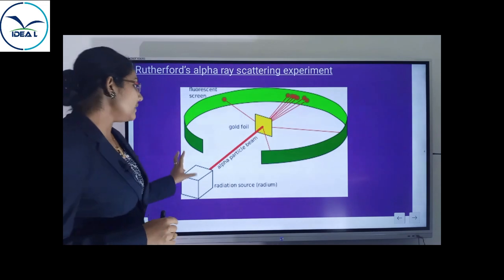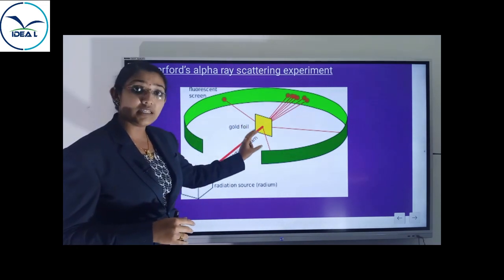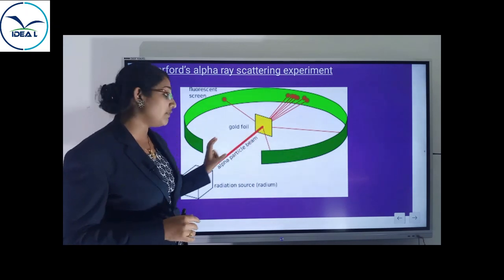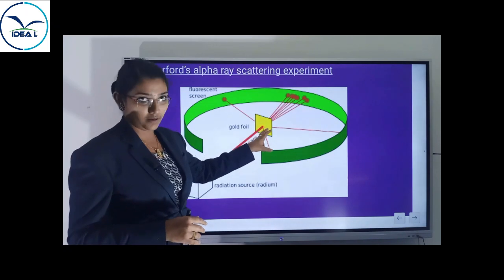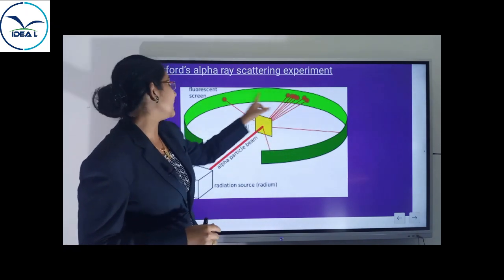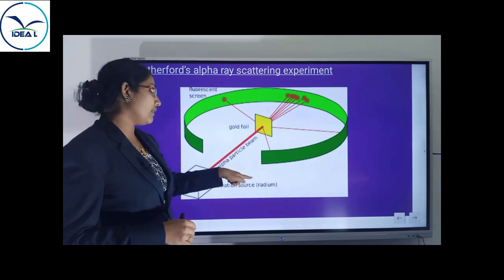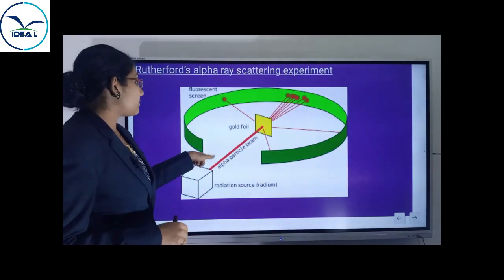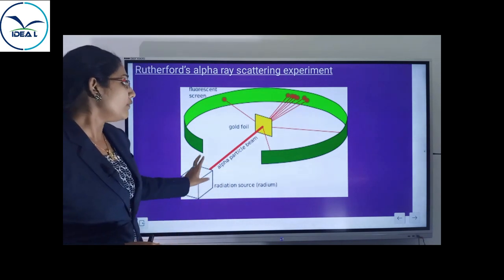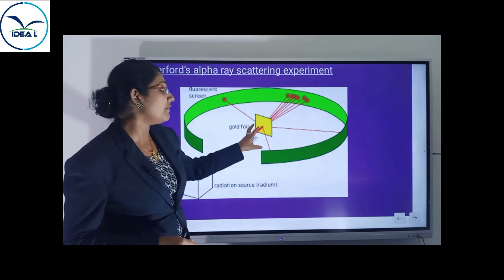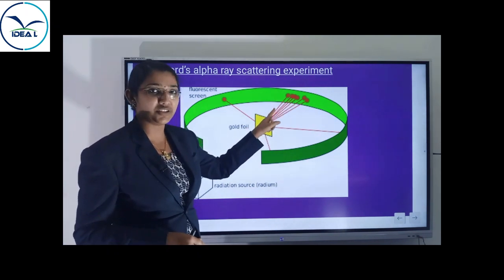In this experiment, alpha particles are allowed to pass through a gold foil, and they are detected on a fluorescent screen. While doing this experiment, we can say that the majority of the alpha particles passed through the gold foil without any deviation, right?